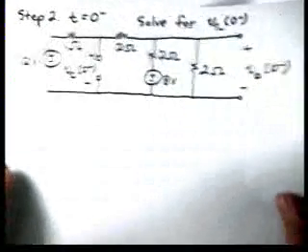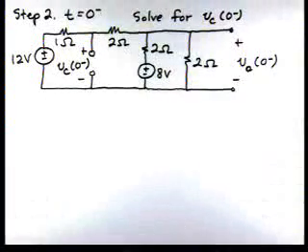Our problem solving strategy says next, draw the circuit at t equals 0 minus, and if you'll note, we've replaced the capacitor with an open circuit. We've assumed steady state. The circuit's in steady state before the switch is moved, and we replace the capacitor with an open circuit, and we're going to solve for the value of the capacitor voltage at 0 minus.